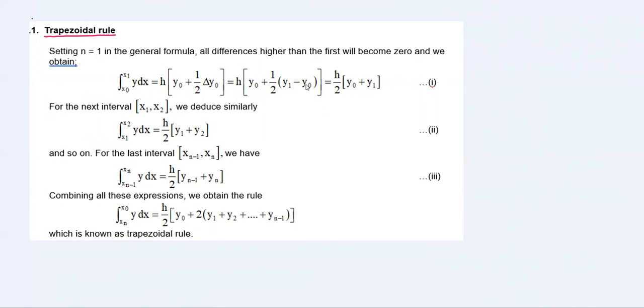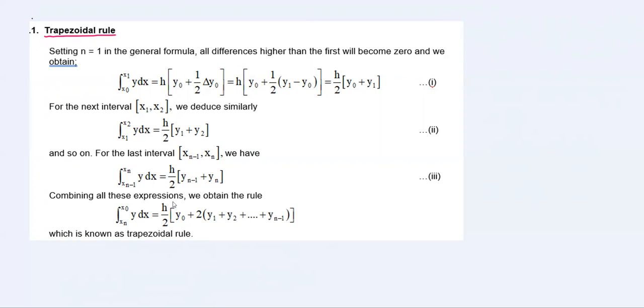When we simplify this, we get h by 2 times y naught plus y1. Similarly, for the next interval, from x1 to x2, we get h by 2 into y1 plus y2. The nth interval you also get by this, h by 2 into yn minus 1 plus yn.